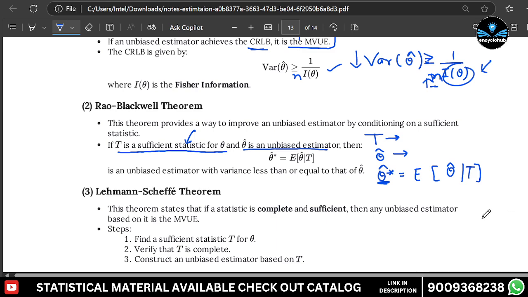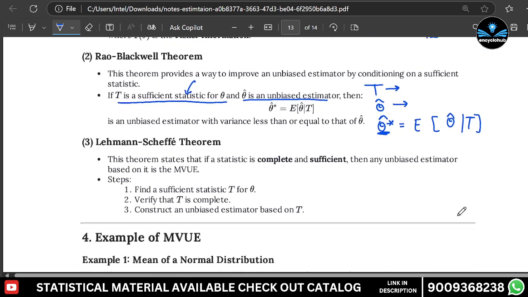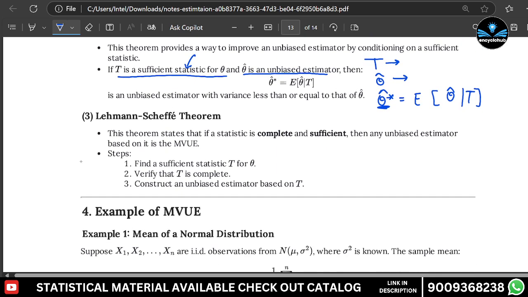Now, the third one is the Lehmann-Scheffe theorem.